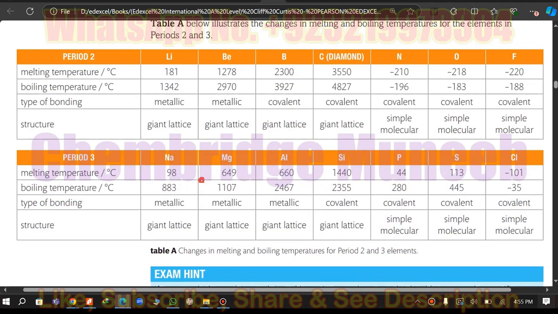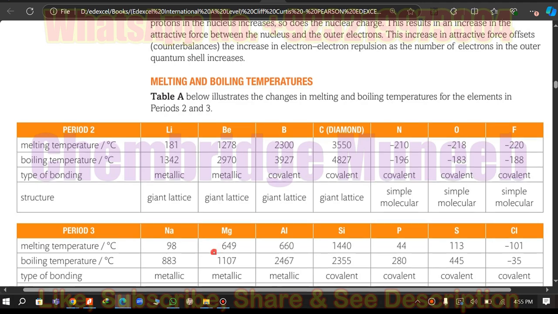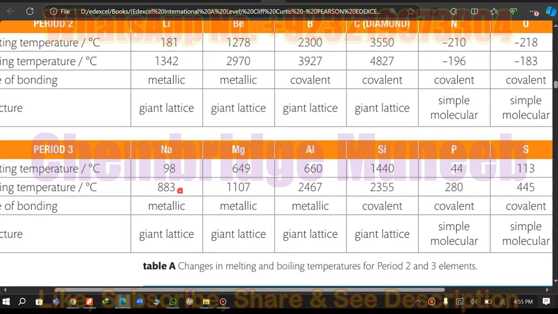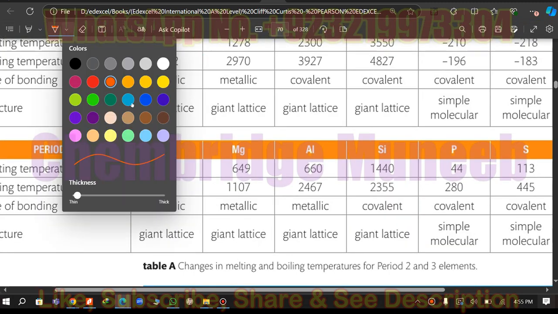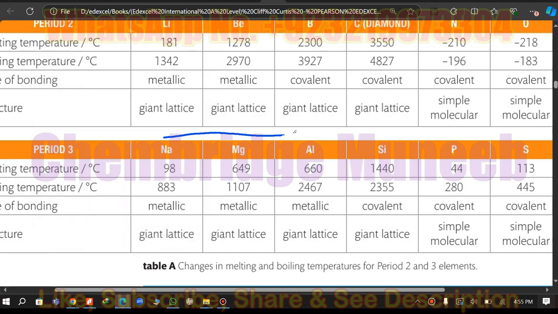By moving from left to right, the metallic bonding is increasing. Do you know why? Metallic bonding is increasing from left to right across a period. Do you know why?